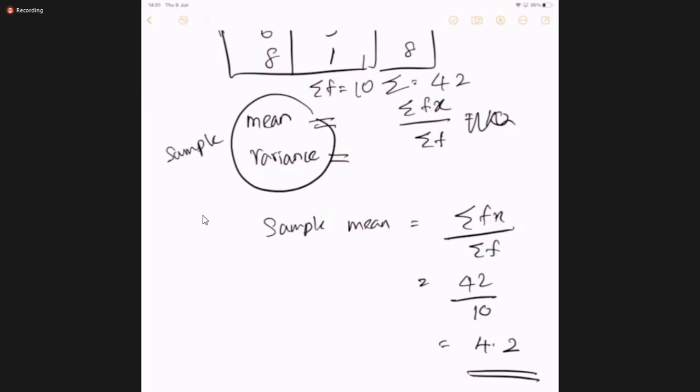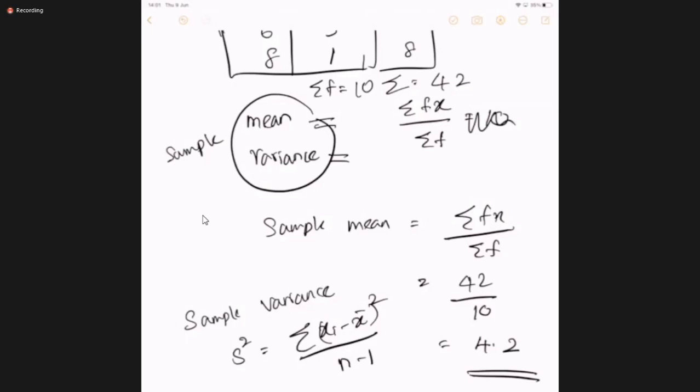Both can be found. If the question asks for sample variance, we need to find sample variance only. We don't need to find sample standard deviation. Therefore, we write the formula: sample variance s squared is equal to sigma of xi minus x bar squared divided by n minus 1.